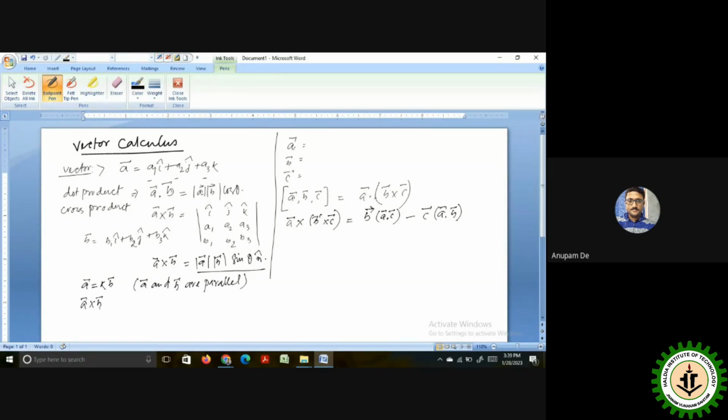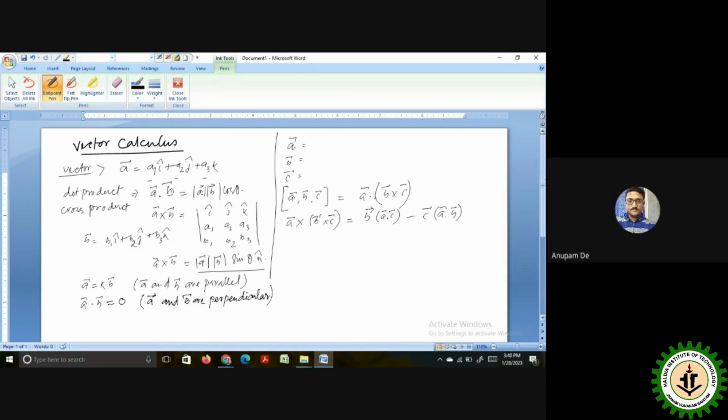A cross B, sorry, A dot B equal to 0, right? If they are perpendicular, then A dot B equal to 0. This we know. This much we have learnt or not? Yes, sir. Right.